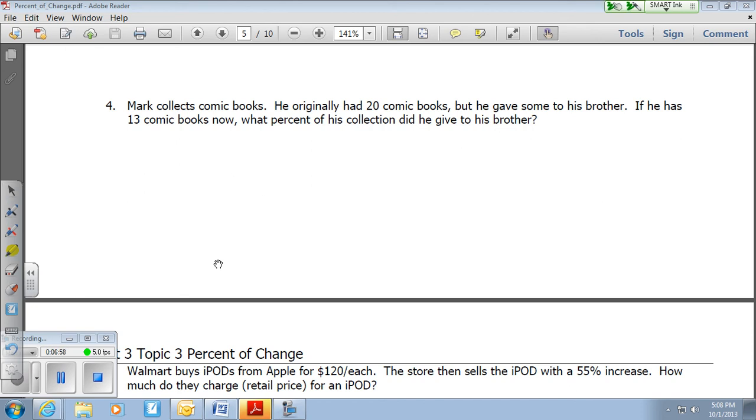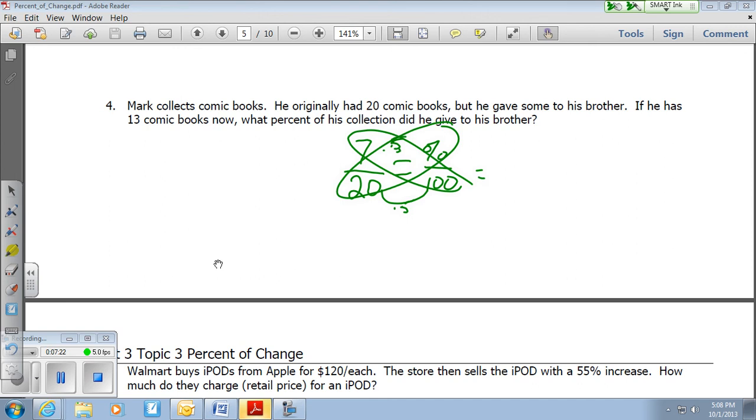It went from 20 to 13, so the change in the amount is 7, and the original amount was 20, equals percent over 100. You can solve it by doing 20x equals 700, or you can do 20 to 100 is times 5, so 7 times 5. So that's going to be 35% for your answer for that one.